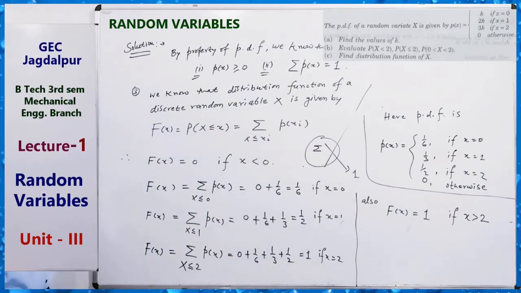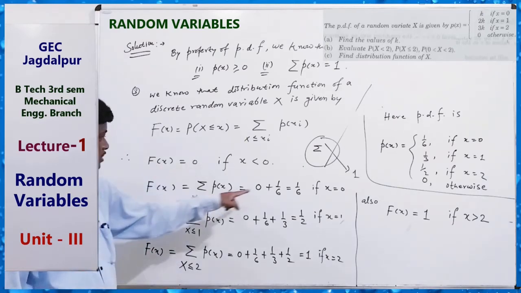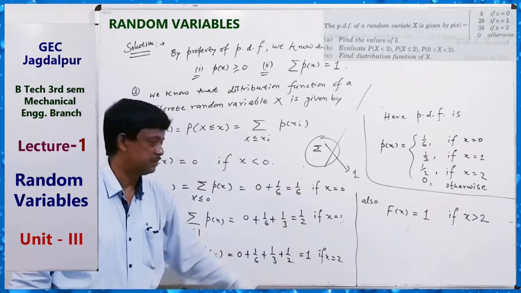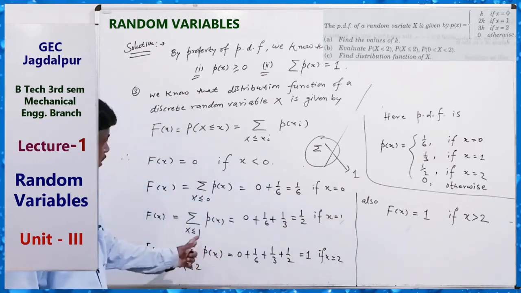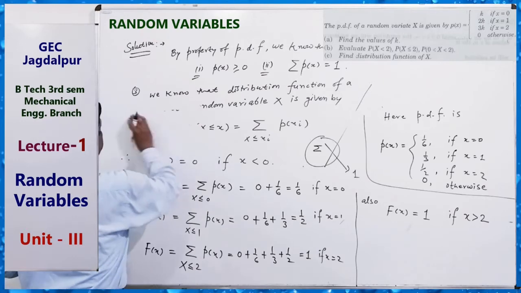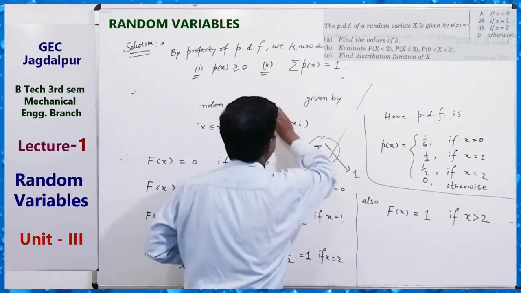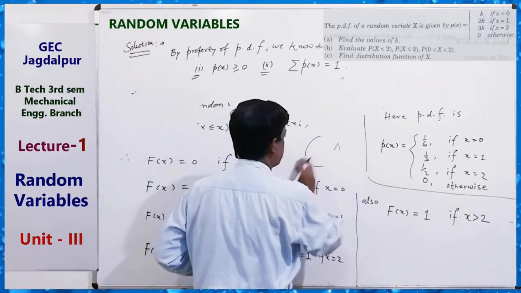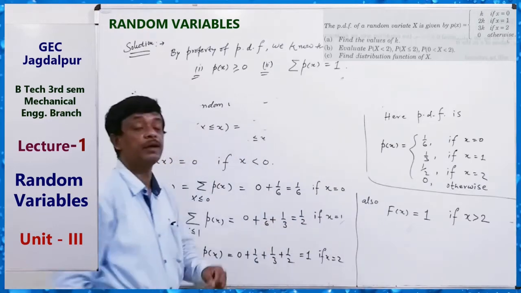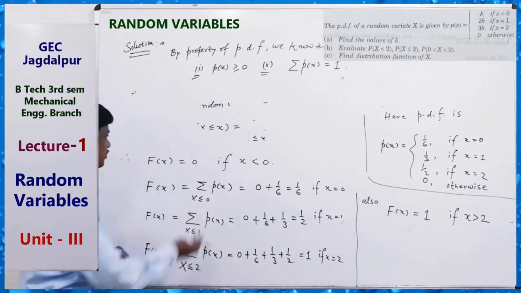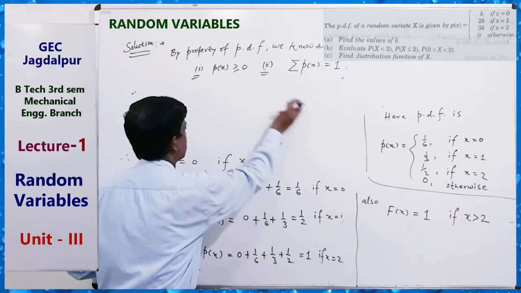Clear? So finally the distribution function is given as F(x) equals this, this, this, this. We can write it like this. Distribution function means what? The value of capital F(x).